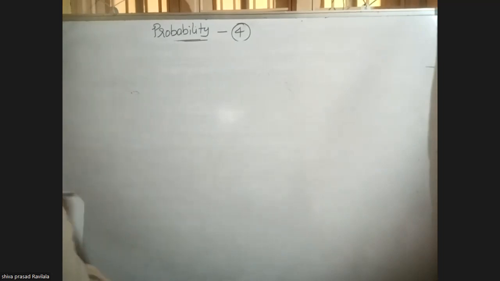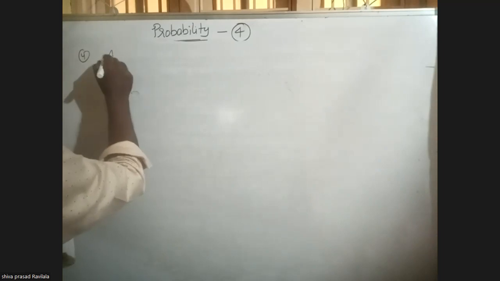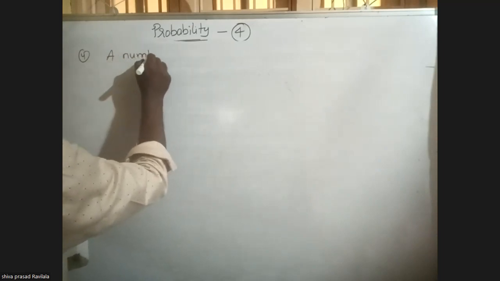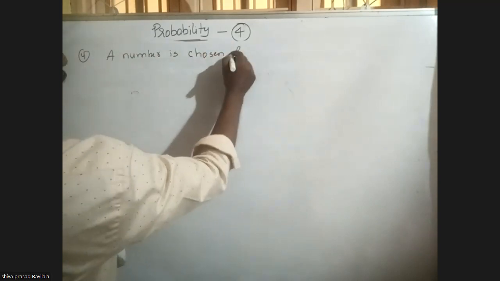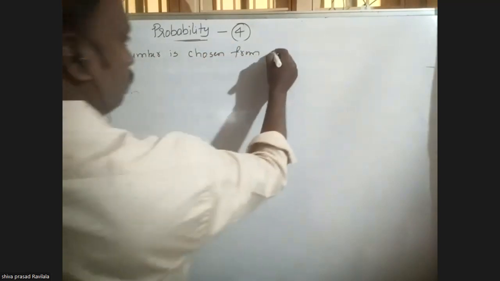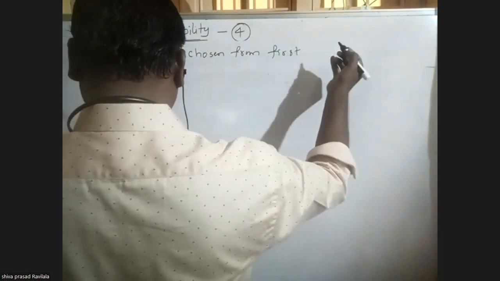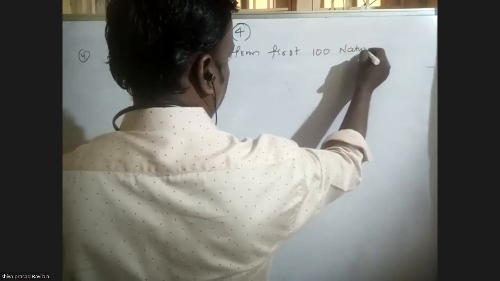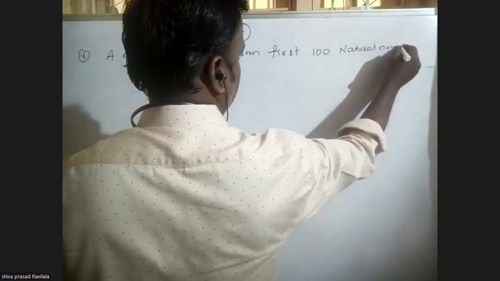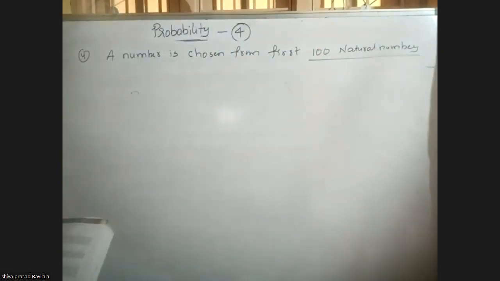Next, one more condition. A number is chosen from first 1 to 100. I mean first 100 natural numbers. Actually in textbook they give 1 to 100. I wrote this for first 100 natural numbers for convenience.